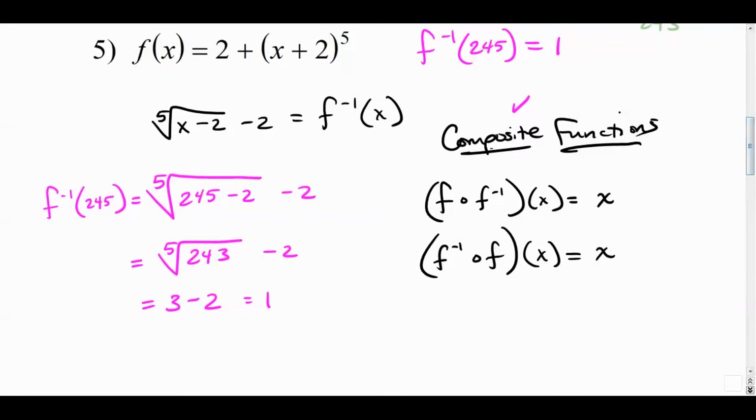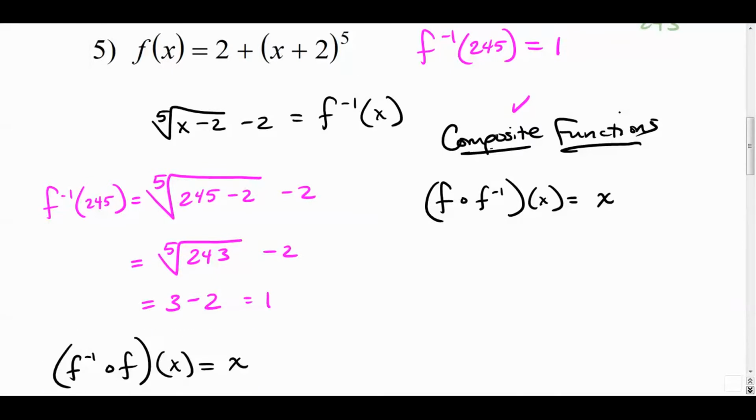Let's check the first option. So let's compose f with f inverse. I'm going to rewrite f, but instead of x, I'm going to put the inverse. And the inverse was this. Plus 2. Let me clarify here.